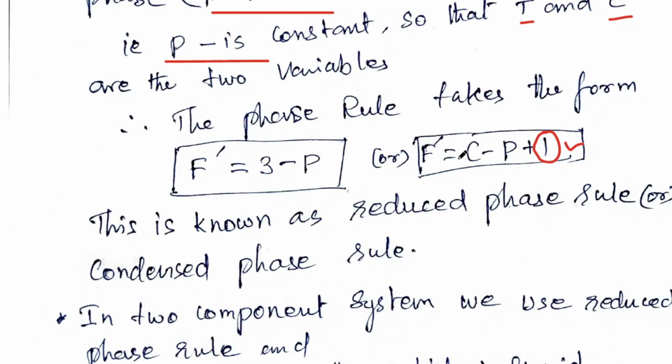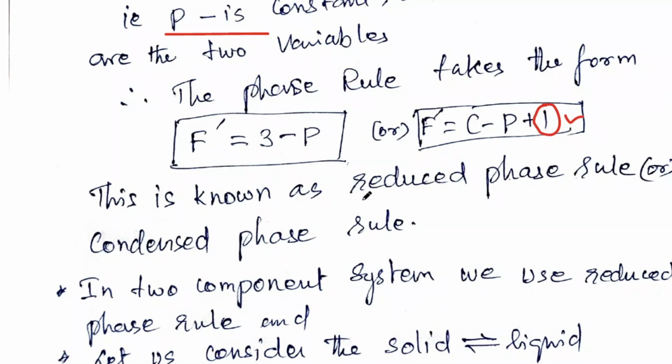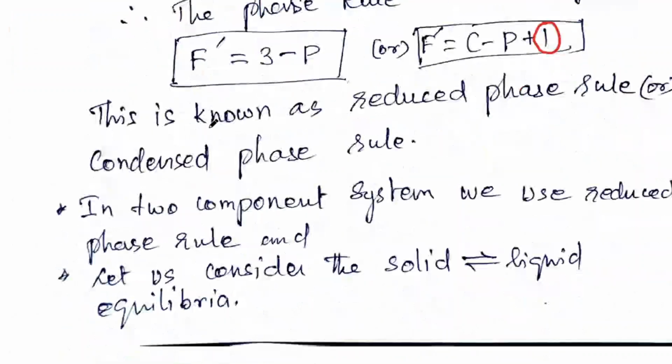If you apply two components here, F dash becomes 3 minus P. And this form of phase rule is known as reduced phase rule, otherwise known as condensed phase rule. In two component system, we use only the reduced phase rule. That means we will be drawing a graph only of temperature versus composition.